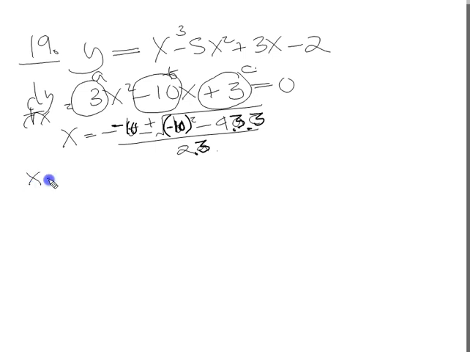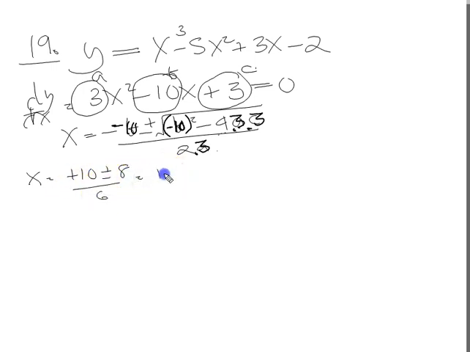So x equals then minus minus 10 is plus 10, plus or minus. Now you've got 100, because minus 10 squared is 100. Oh, it is going to work out alright, because you've got 4 9s are 36. 100 minus 36 is 64, and the square root of 64 is 8. So you could tap it in the calculator if you need to, over 6.